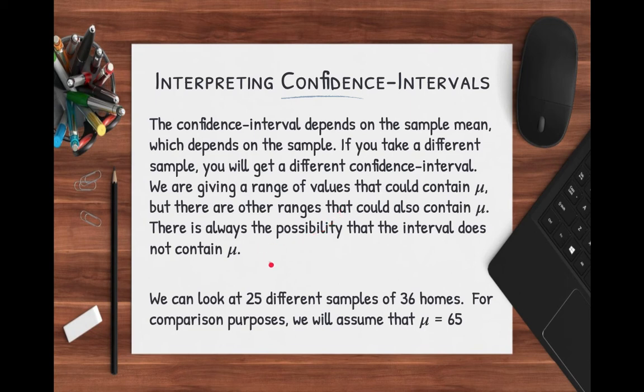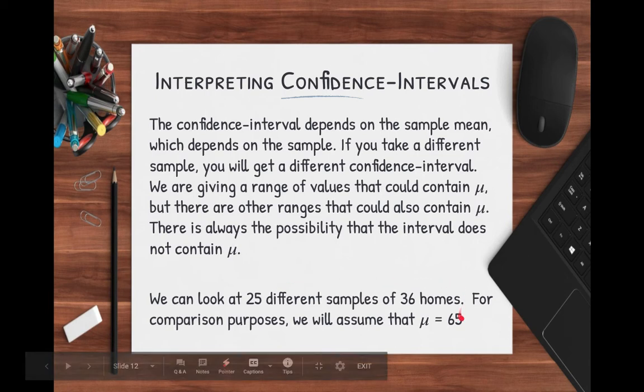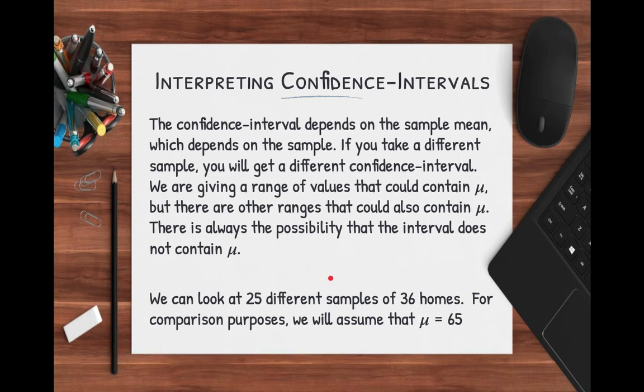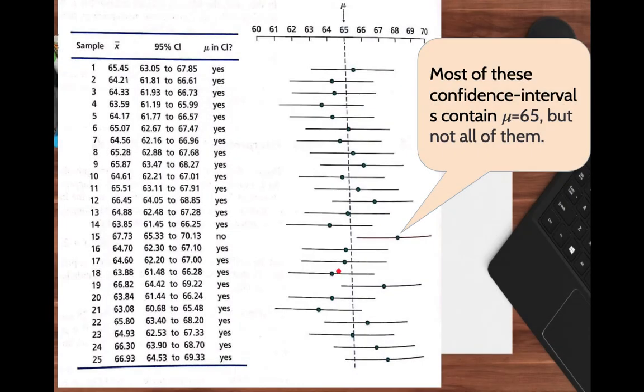So, for example, let's pull this from the book. They did a computer analysis and a simulation on that. If we assume that mu actually is 65,000, this is going to look at 25 different samples of 36 homes, and that gives you this. Here are your 25 samples.